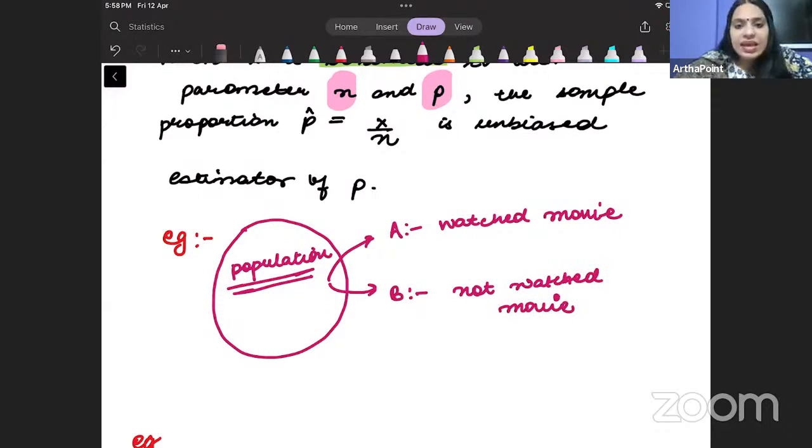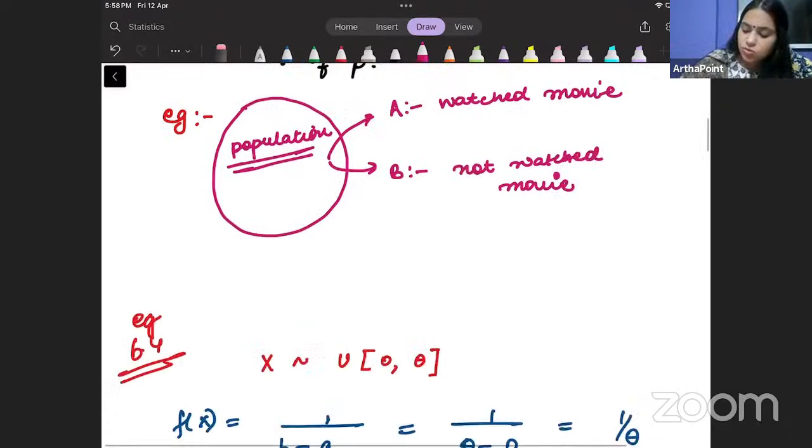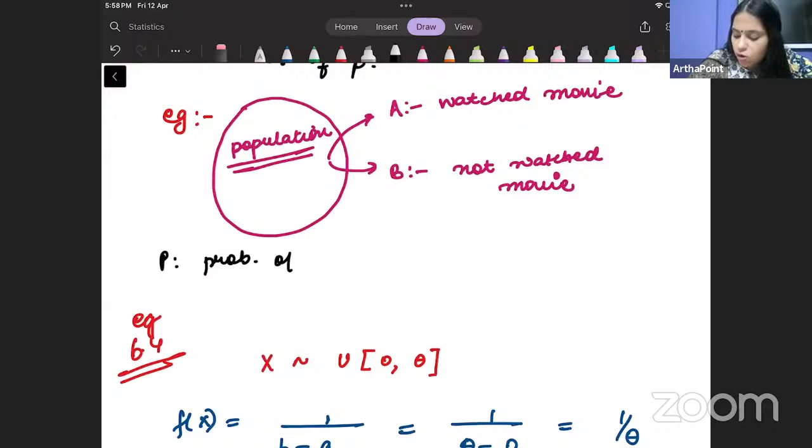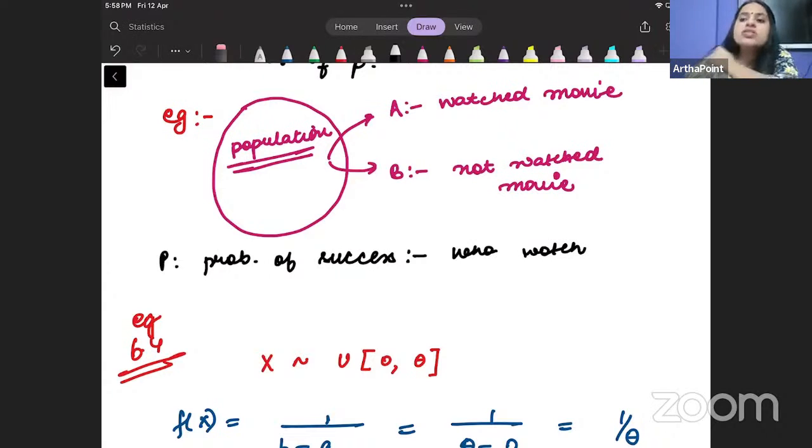P represents the probability of success, and I have defined my success as those people who watch the movie. मेरे लिए सक्सेस वो है कि कौन से वो लोग हैं जिन्होंने मूवी देखी है, those people who have watched the movie.